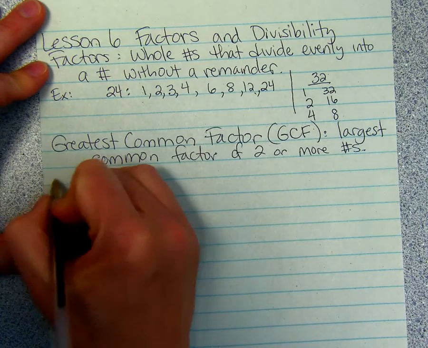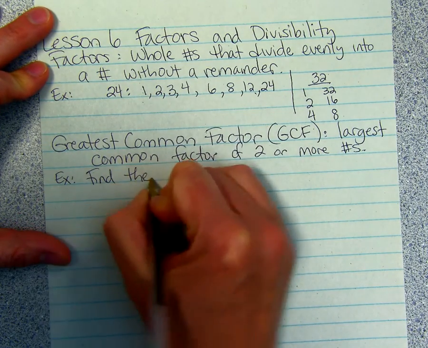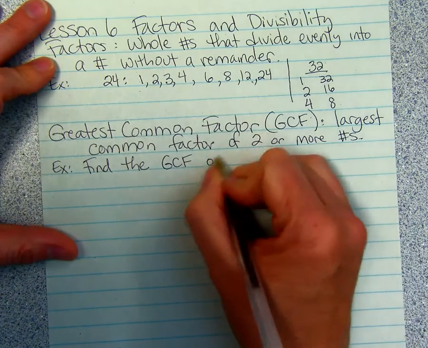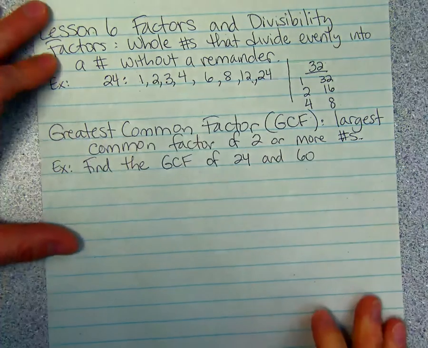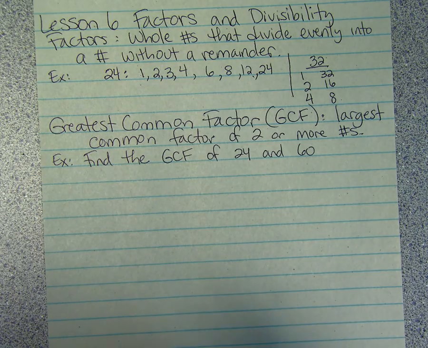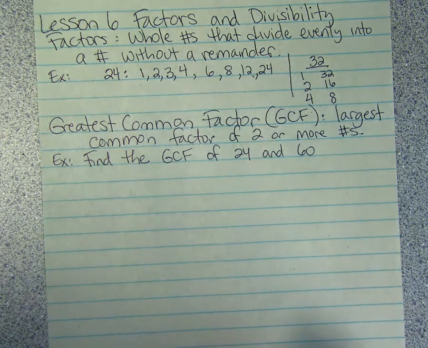Okay, so here's an example where we need to find it. Find the greatest common factor of 24 and 60. So if we write all the factors of both of those, we can find the greatest.